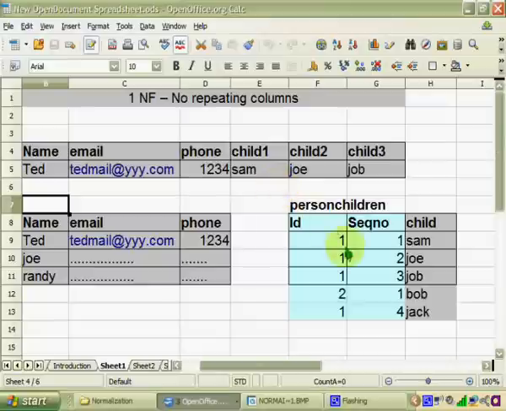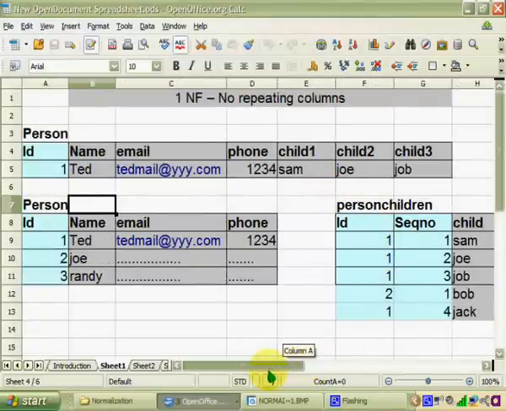So let's say we stored Sam, Joe and Job as Ted's children. Now Joe came along and he has only 1 child, that is Bob. So we were able to store it, and there is no space wastage.